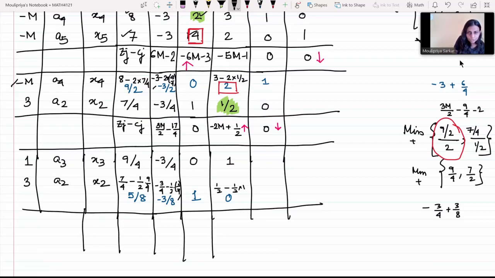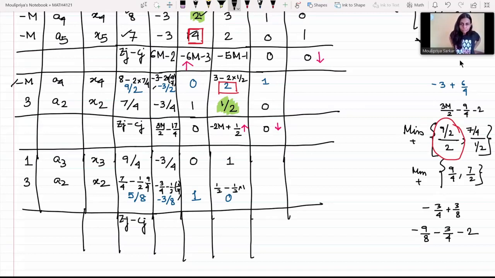We will need to calculate the index number right now. Index number Zj minus Cj. What do we have? Z1 minus C1 will be minus 9 by 8, minus 3 by 4, minus 2.